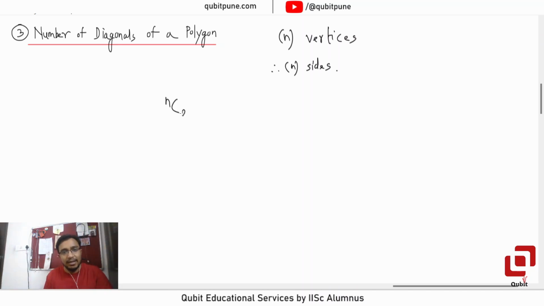So there will be nC2 segments, but these nC2 segments cover the diagonals as well as the sides. So it will be nC2 minus n. That nC2 represents sides plus diagonals, and n sides because there are n vertices, so that will go.